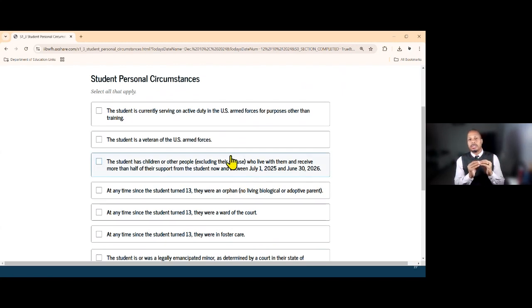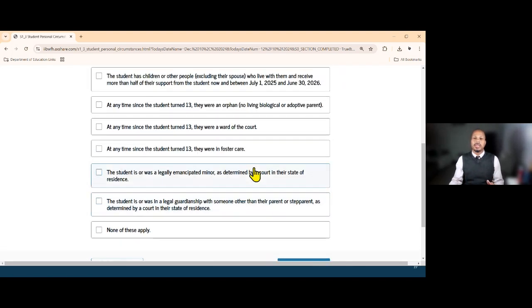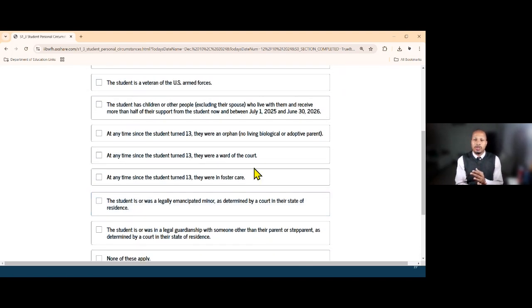A good way to look at this is we're going to ask some questions pertaining to whether or not they have military status or what's going on regarding their living arrangements that will qualify them as an independent student. The first two questions are: are they a veteran, or are they currently serving on active duty? Then the next several questions ask: are they in foster care?